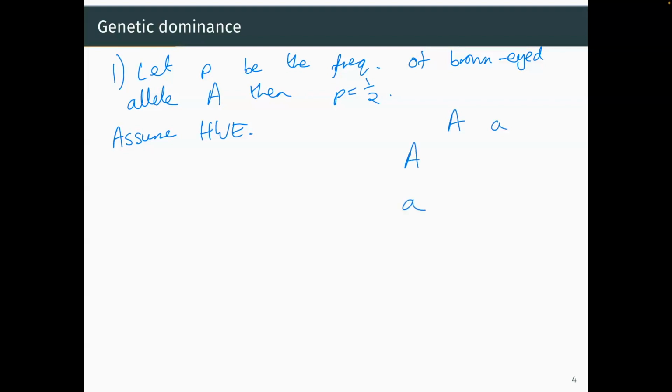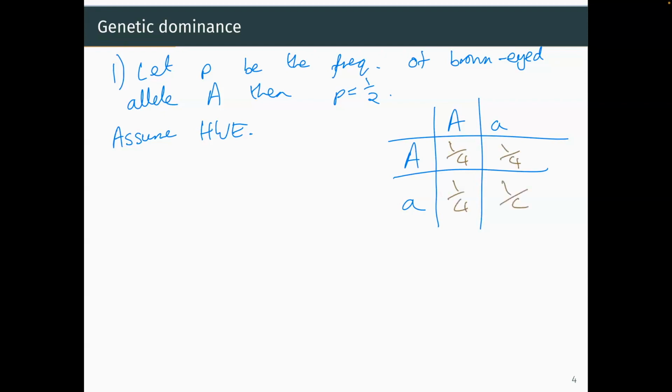So either we get big A or little a, big A or little a. And since the big A is dominant, these will both have brown eyes, and of course this one's going to have brown eyes. The only one with blue eyes will be here. So we'll get a 75% proportion of brown eyes, and 25% blue eyes, assuming that each of these are equal.